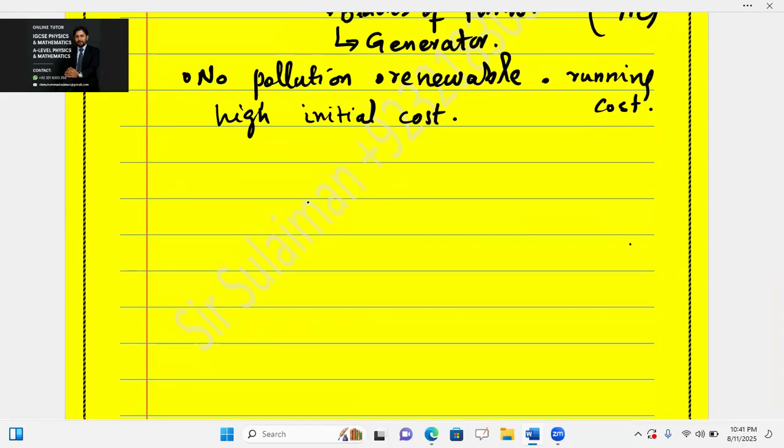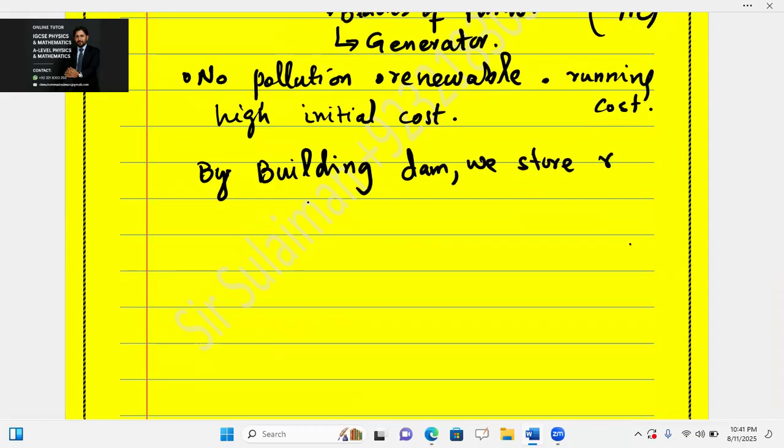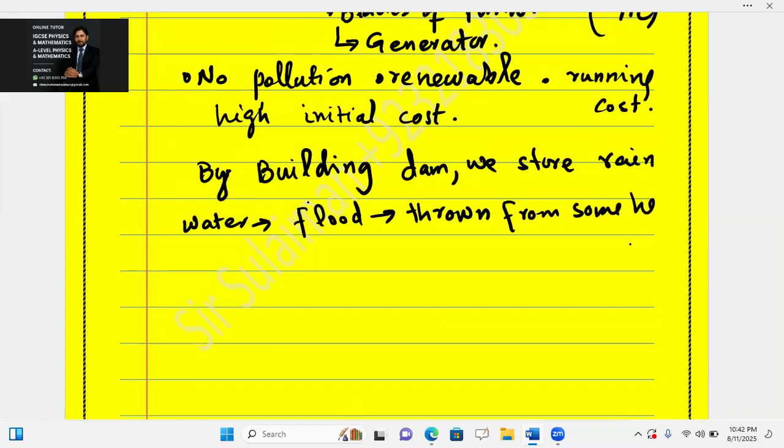Then I will say hydroelectricity works by building a dam, and we store rainwater, like in the form of floods. Then it is thrown from some height onto the blades of the turbine.